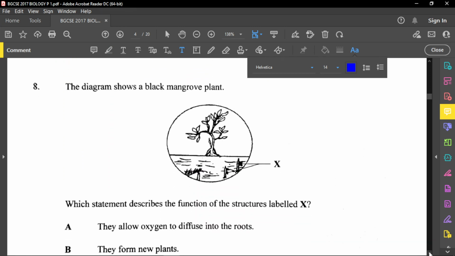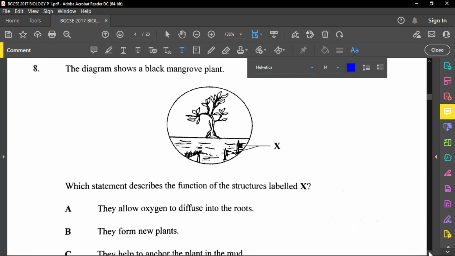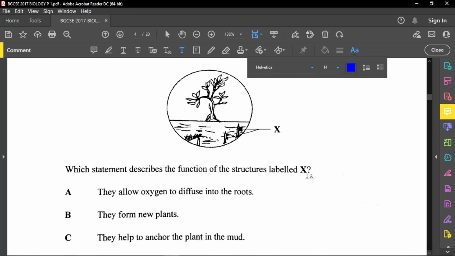Question 8. All right, so for 8 now, it said the diagram shows a black mangrove. And of course, there's something specific about the black mangrove that you must know. You have some special type of roots, and that is pointed out by X. It said, which statement describes the function of the structure labeled X? Let's give it the name.